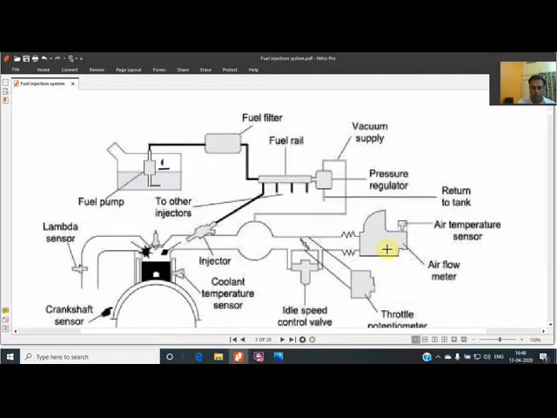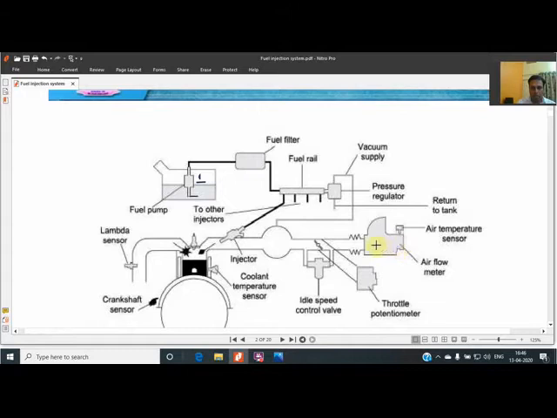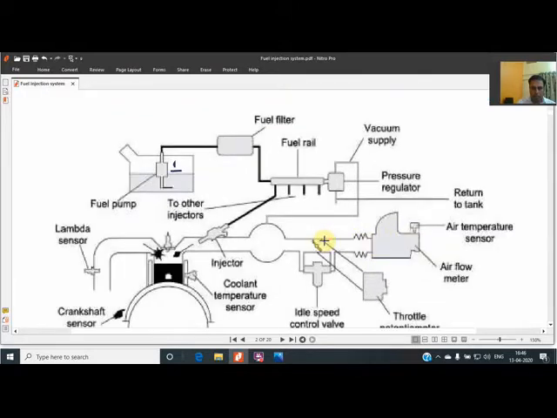In the intake manifold, air also enters. Air enters through the airflow mass meter, and air temperature is also measured. A throttle body is used, shown here as a butterfly valve. The more the driver presses the throttle, the more horizontal the butterfly becomes, and the more airflow there is.